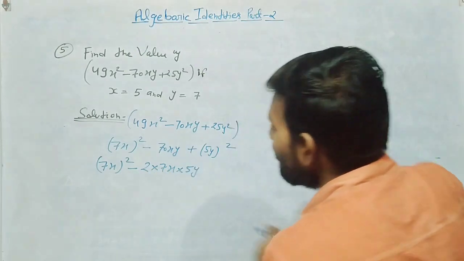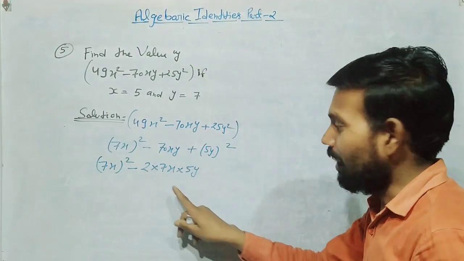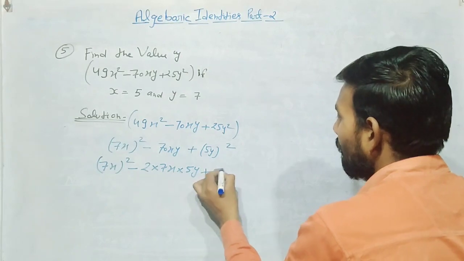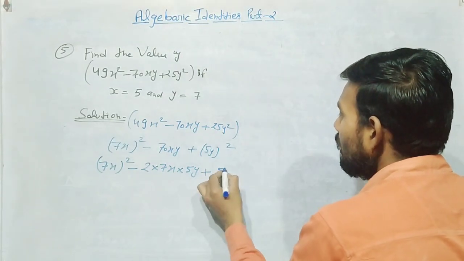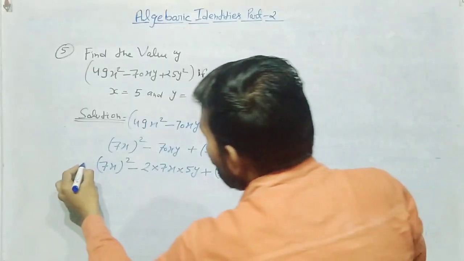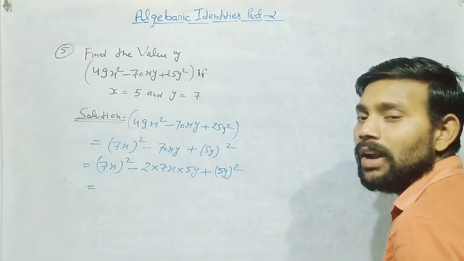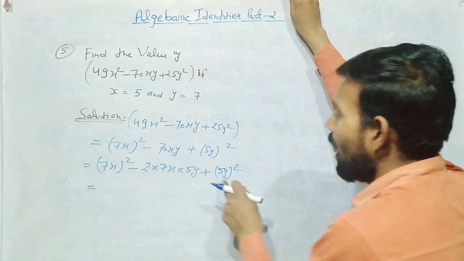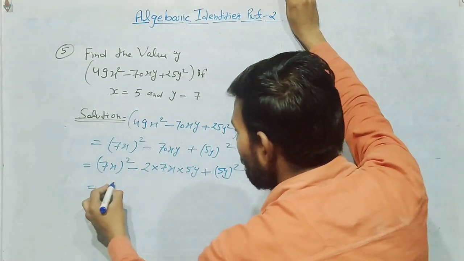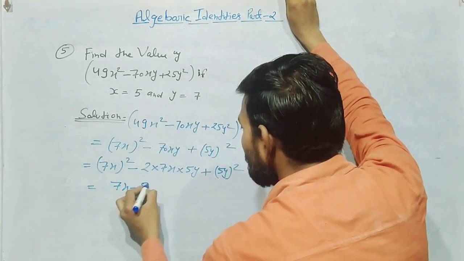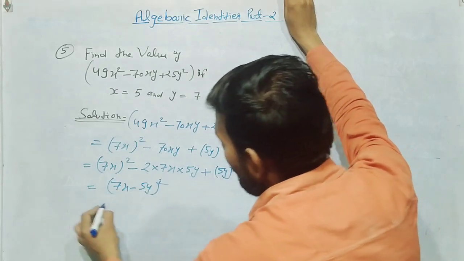It gives 70xy, because 5 times 2 is 10, 10 times 7 is 70, plus (5y) to the whole square. This is the form of a square plus b square minus 2ab, which gives (a minus b) to the whole square, so (7x minus 5y) to the whole square.